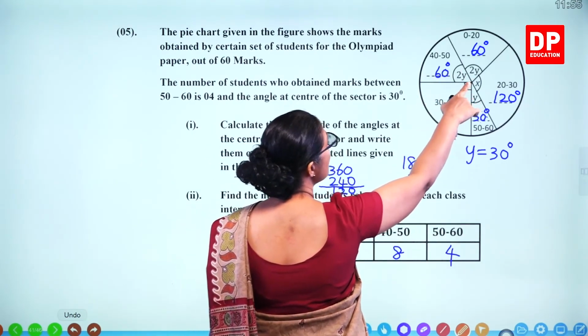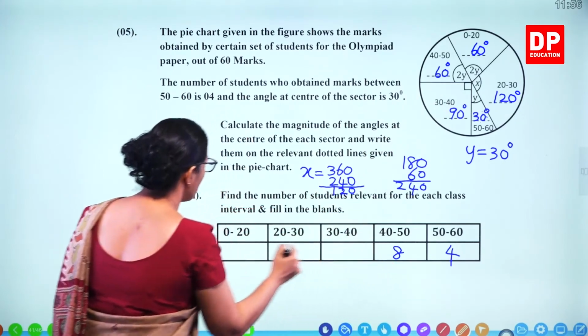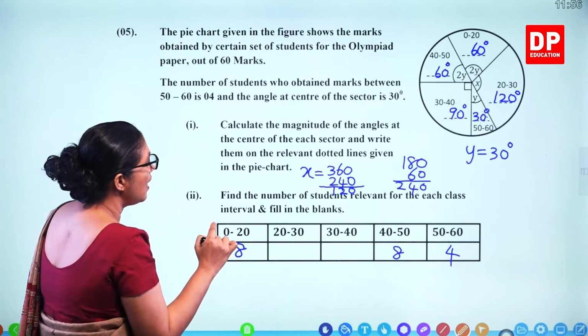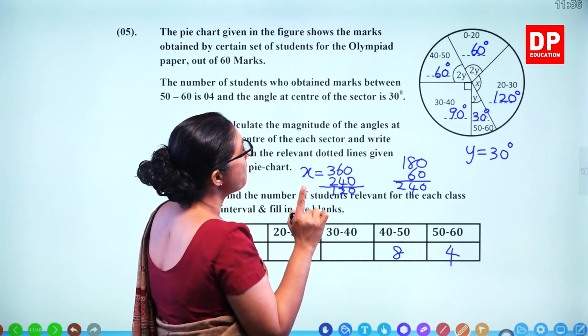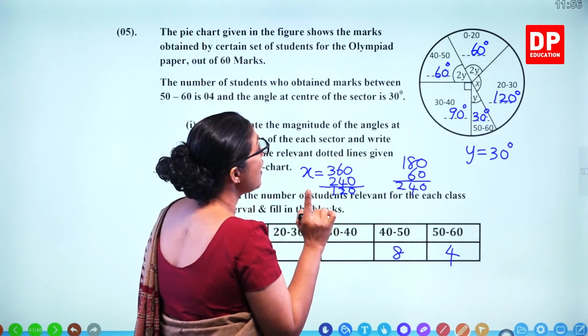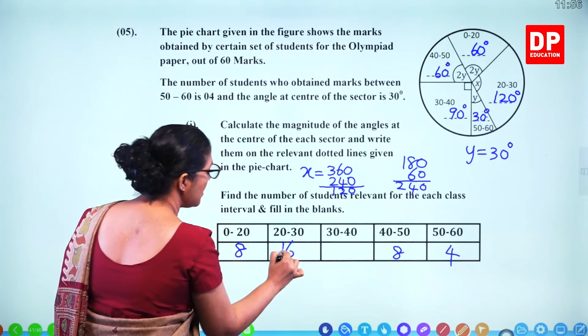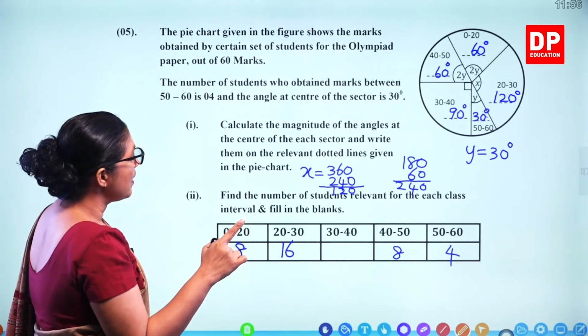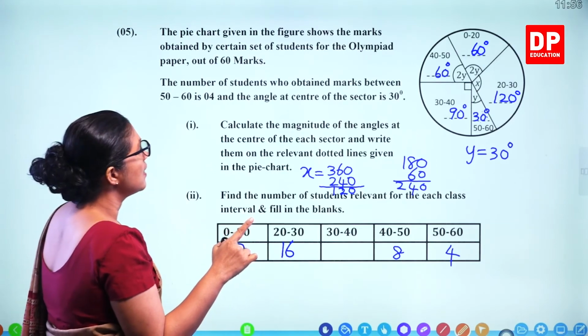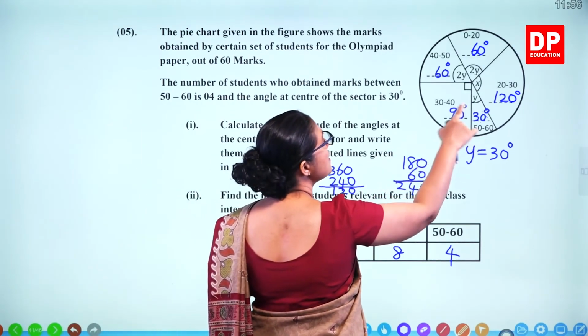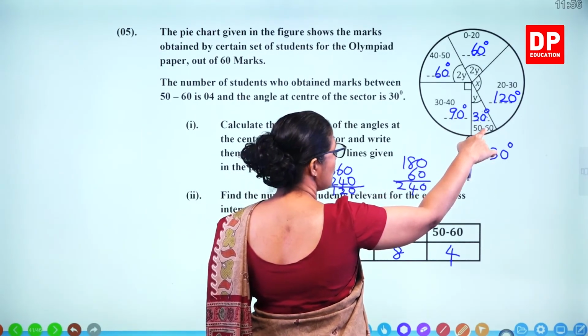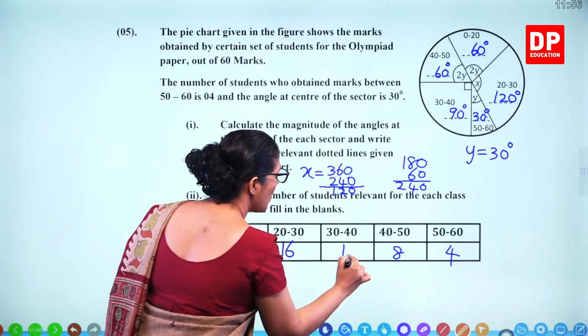That's same as 0 to 20. So that's 8. And 20 to 30, 20 to 30 is 120. Double of that. So that means 16 is there. 8 times 2. Then what's 30 to 40? So 30 times 3 is 90. So this is 4. 4 times 3, 12.